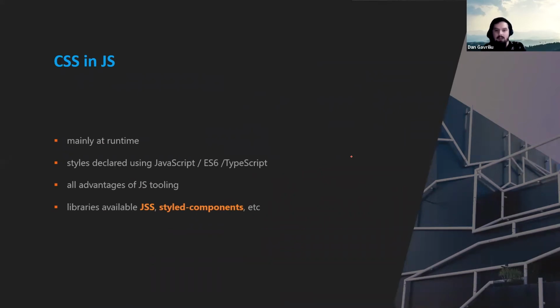Okay, but with that out of the way, CSS in JS is mainly a runtime technique for isolating CSS and styles. As a technique in general, it's really nice because you can use it with JavaScript, any version of JavaScript, and with TypeScript as well. And it's actually writing JavaScript that styles the application.